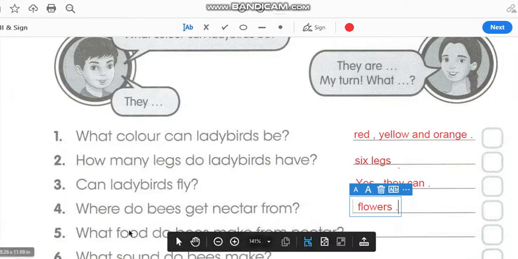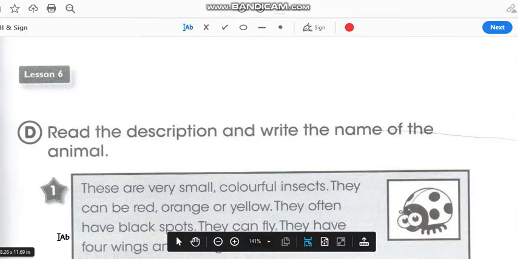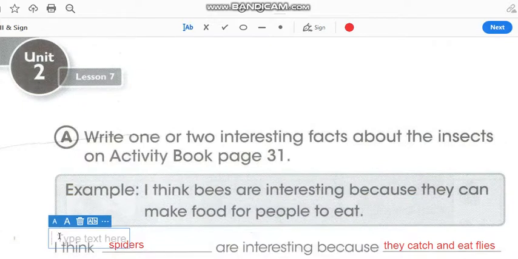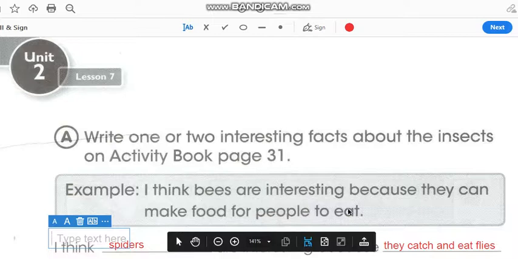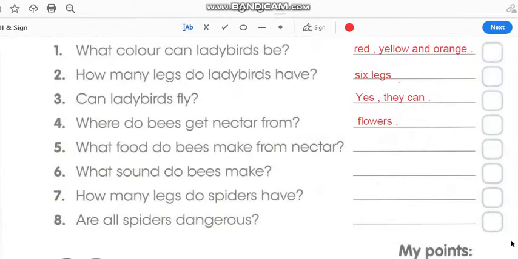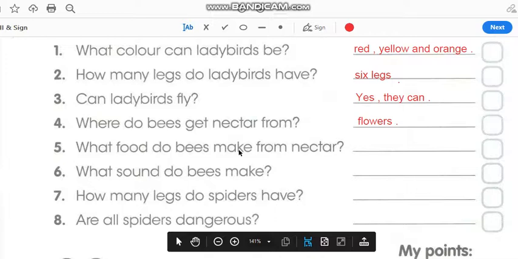Now to question number 5. Just a minute. What food do bees make from nectar?